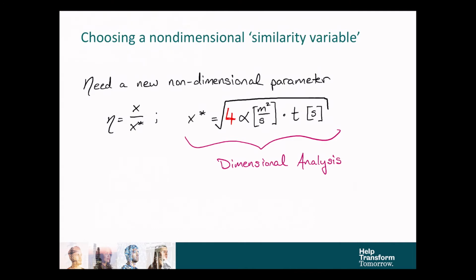And that's perfectly okay to do because I'm defining this non-dimensional parameter to help solve the problem. So this is our definition of our spatial non-dimensional parameter eta. And what we see is that it's actually the non-dimensional parameter for both x and t. So that's a unique characteristic, and that makes it a similarity variable.